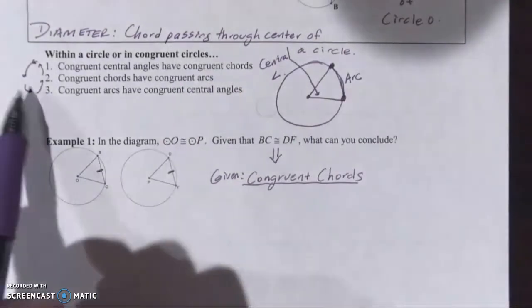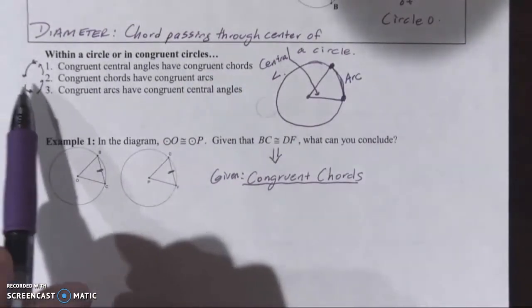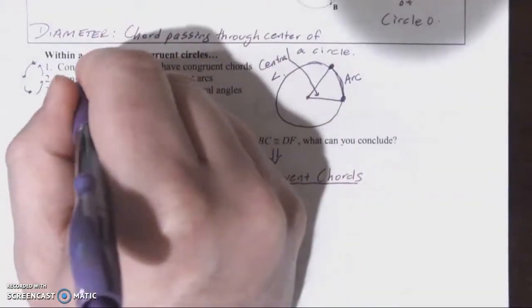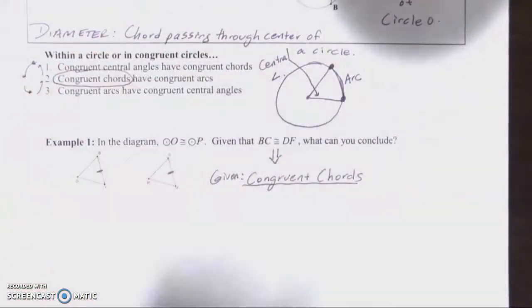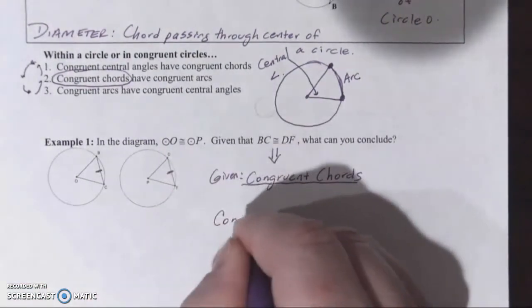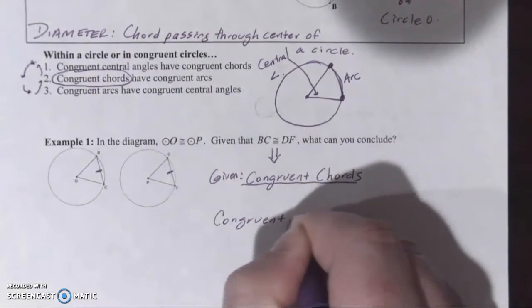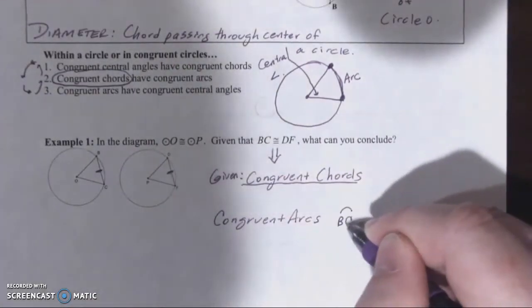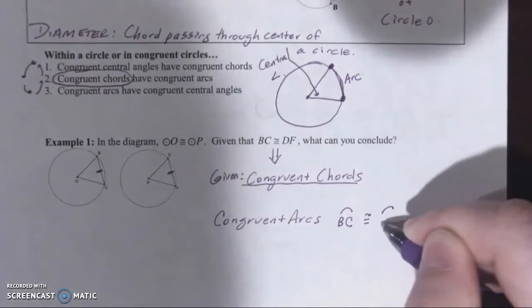Well, let's go back up here and think of this as a cycle. I just said that if one of these things is true, then the other two have to be true. So right now we were told that we had congruent chords, which means that we have congruent arcs, which means that arc BC would be congruent to arc DF.